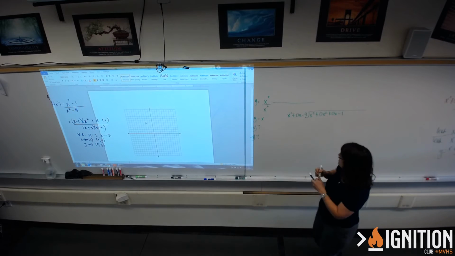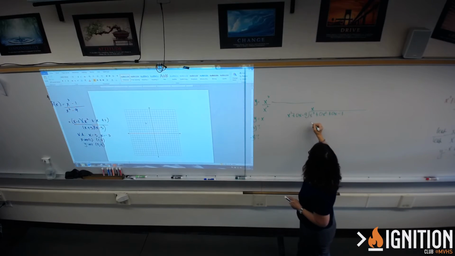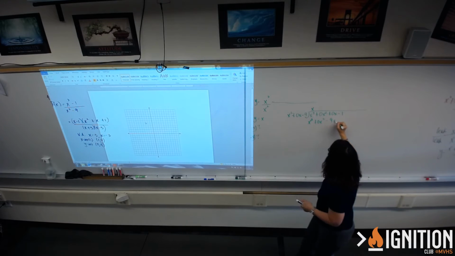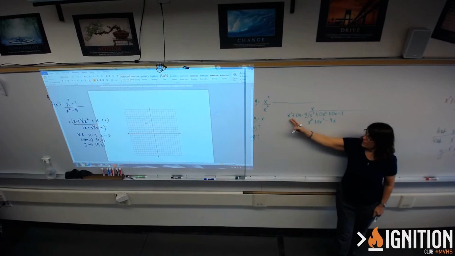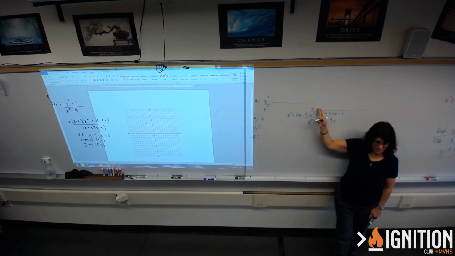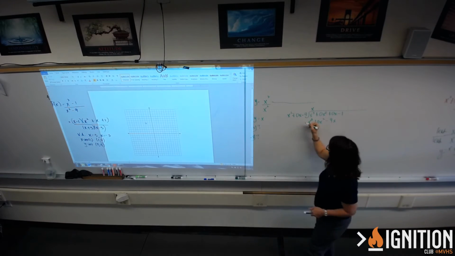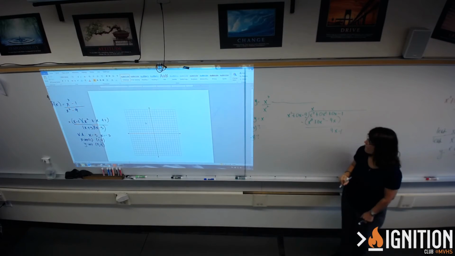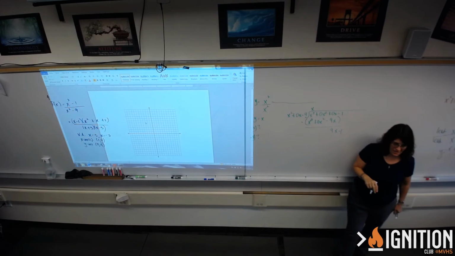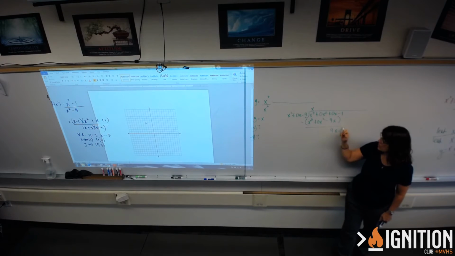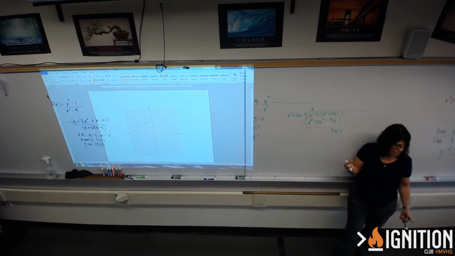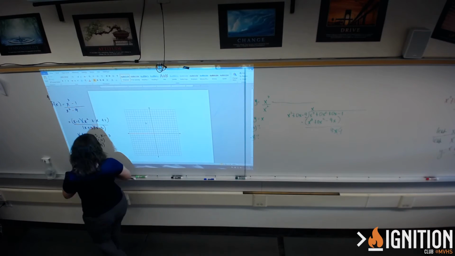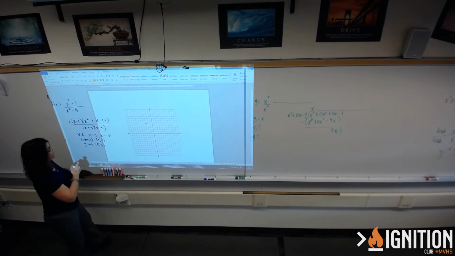So I'll just start it for some of you who are confused. X squared goes into x cubed x times. Distribute. Does x squared go into 9x? No. So this is the remainder, which we don't care about. So I have an oblique asymptote, a fancy word for a diagonal line.